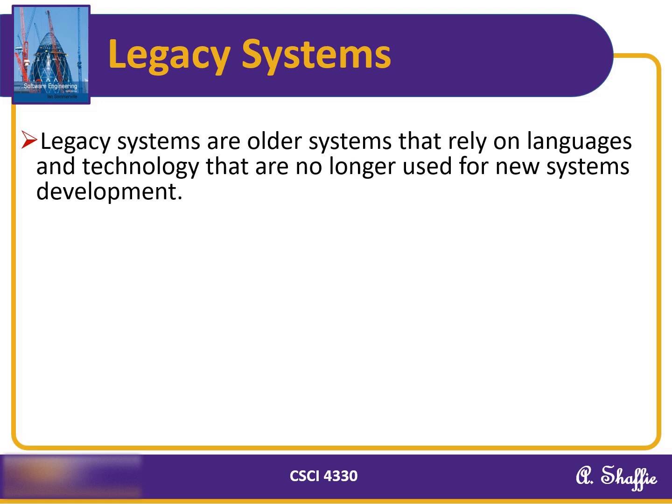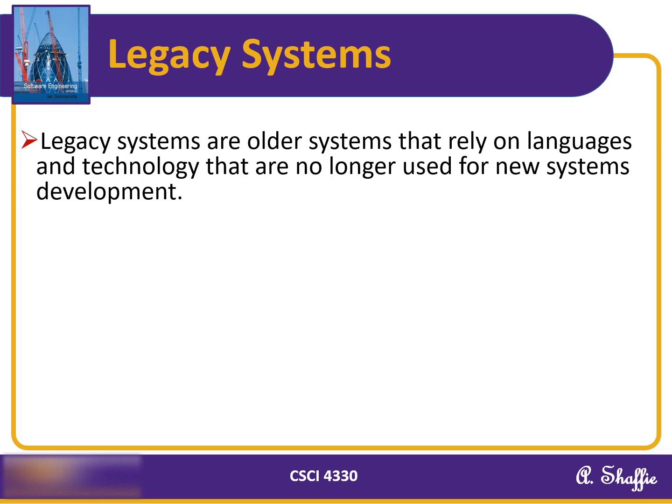Legacy systems are older systems that rely on languages and technologies that are no longer commonly used in new system development. For example, you might encounter software written in Fortran or Pascal, which was widely used decades ago, but is now considered outdated.